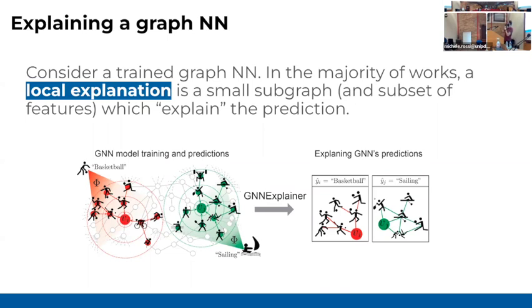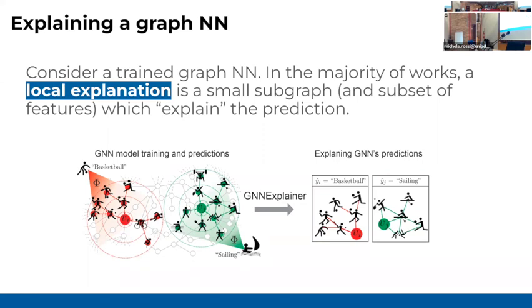For example, if it's connected to other bots, then maybe that will be the explanation, or something else. This is taken from one particular paper that we'll see called GNNExplainer. It's a little bit complicated, but I think you can understand it. There's a graph, there's some classification on top of the graph. When I say, okay, here's a point, here's another point, give me their explanations, the method should return some small subgraphs that are relevant. This should be the part of the graph that the model has used the most to make the prediction.